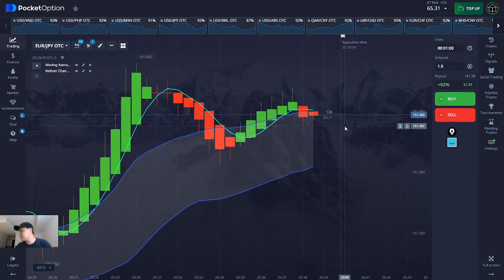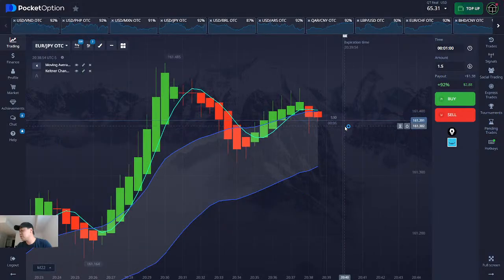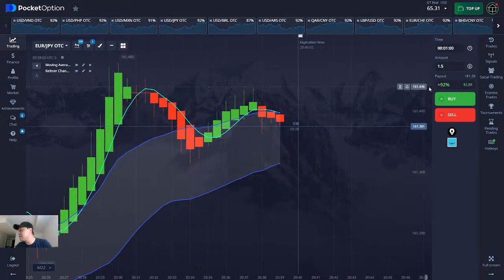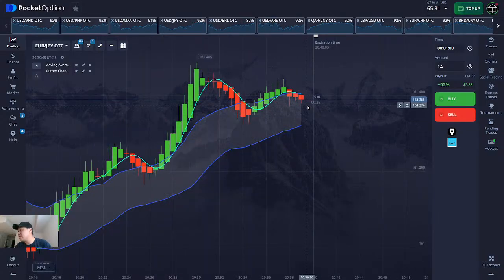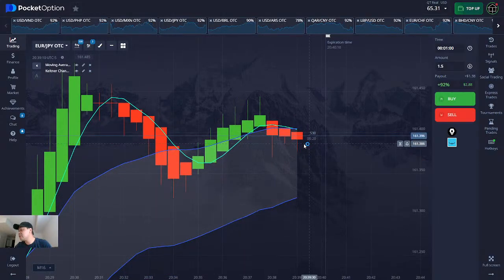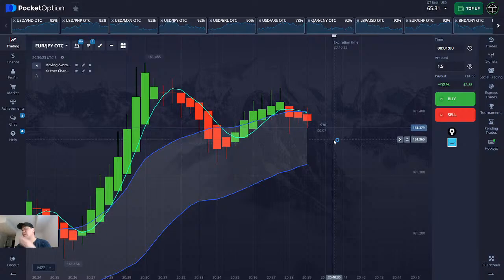Let's see if it starts turning into a green candle. Not yet. It's not ready yet. I just want a little bit of strength. I don't want it to fizzle out and come back down. No, it's not doing it. Let's just wait a little bit more.